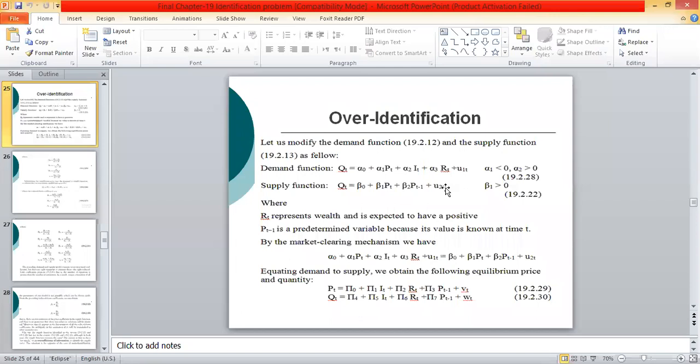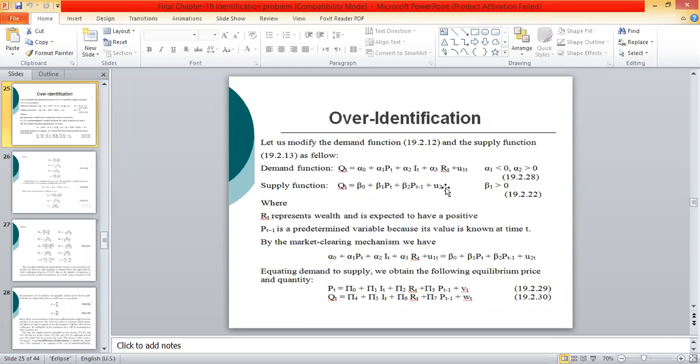On the basis of that outcome, you have to conclude whether it is unidentified, exactly identified, or over-identified. So capital K minus small k greater than or equal to small m minus 1. Capital K equals 3 here.